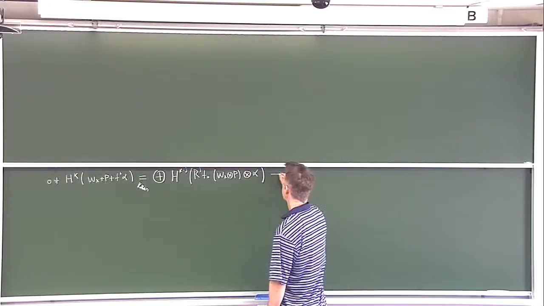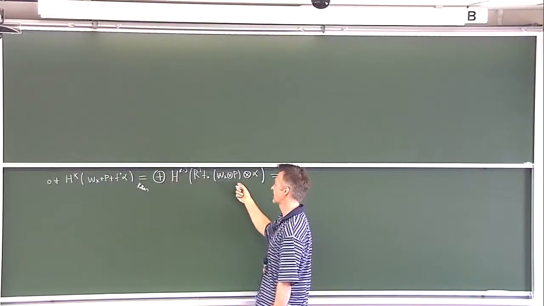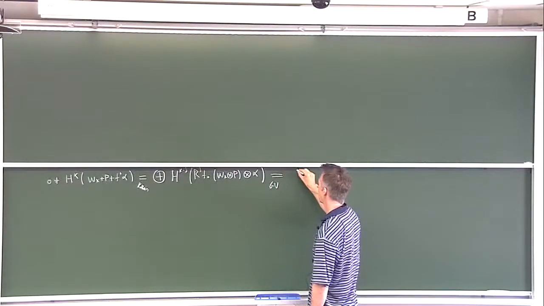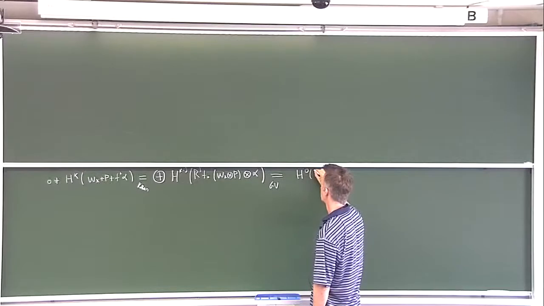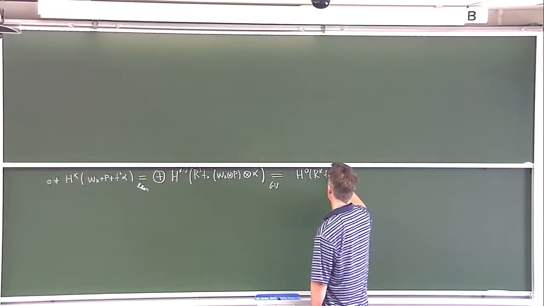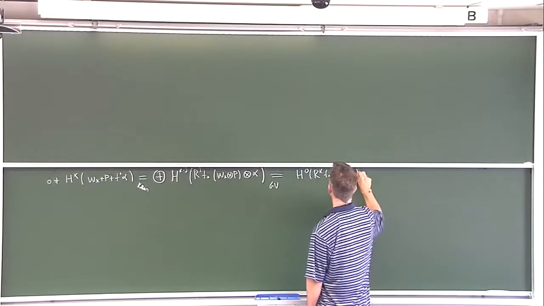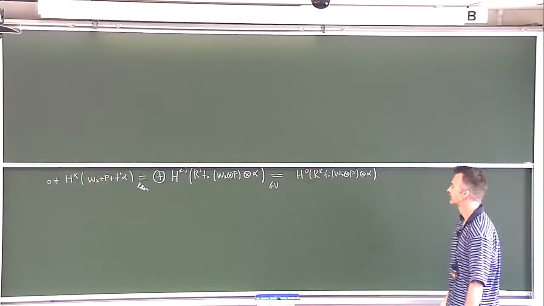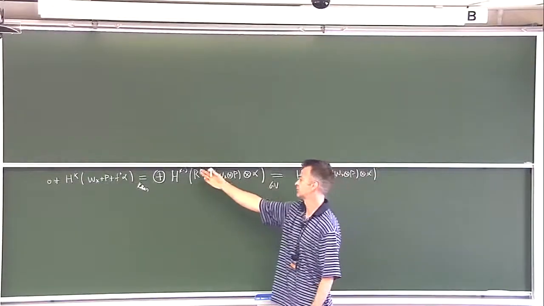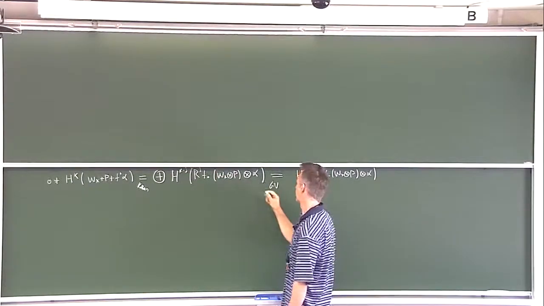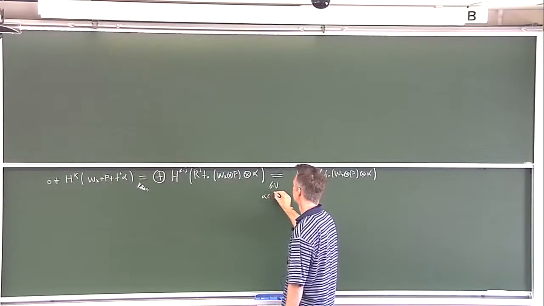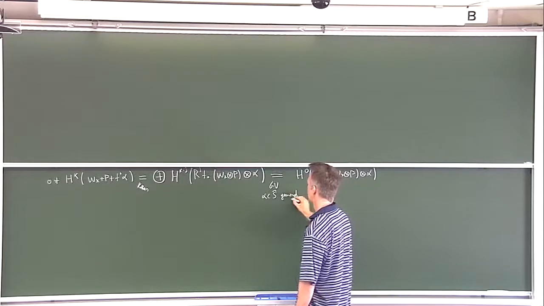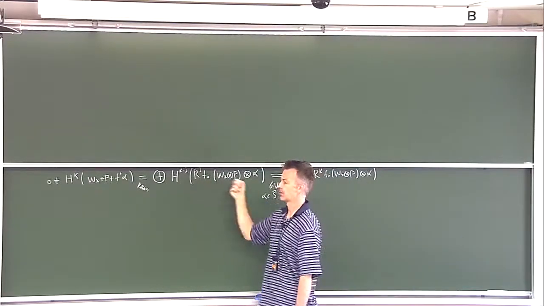Okay, but by generic vanishing, we know that all of these sheaves are generic vanishing sheaves on S. So by generic vanishing, this is the same as H^0 of R^K F lower star of omega X tensor P tensor alpha. Right, because for all the higher cohomology groups, for general value of alpha, okay, I should say alpha in S hat some general element, higher cohomologies of any one of these vanish.